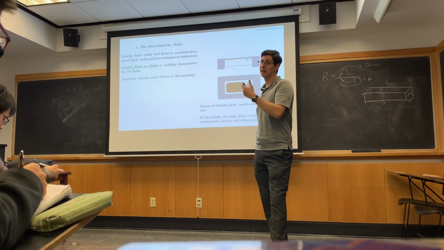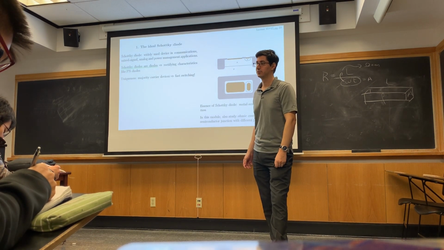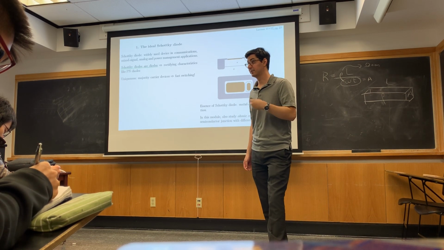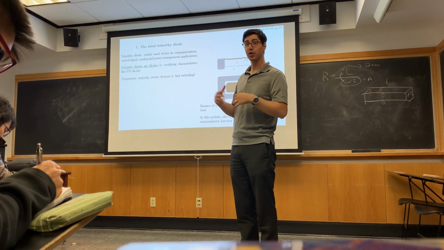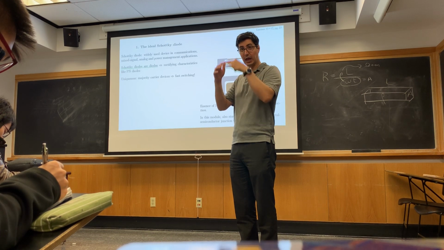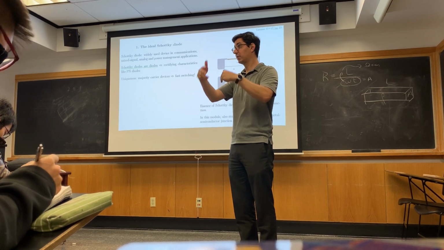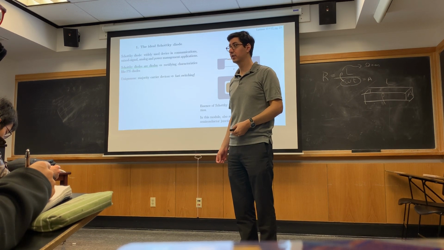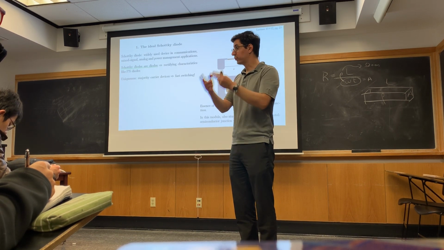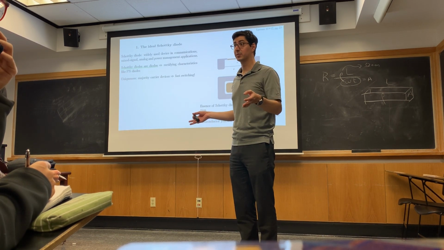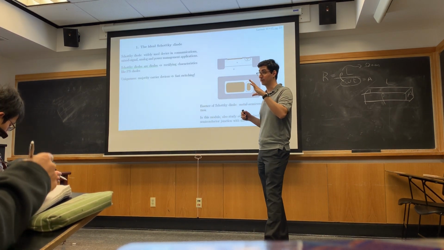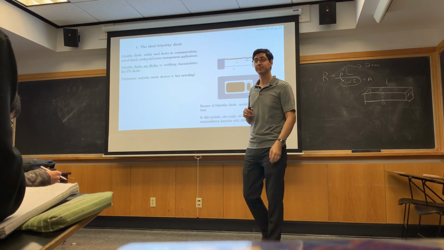So these devices can be super fast because they don't have minority carriers in them, right? In the diode, you have these minority carriers that have to decay. You inject some minority carriers in your device, or you extract some minority carriers from your device, and you want to bring it back, well, it's going to take you some time, because those minority carriers don't recombine instantaneously.